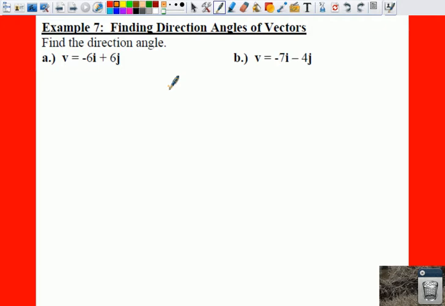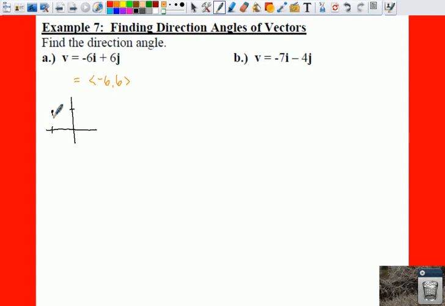All right, so what we need to do is find our direction angle here for A. In order to find your direction angle, first notice this is the same thing as having a negative 6 comma 6. That means if you were on a coordinate plane, if you went back 6 and up 6, you would be at this point.